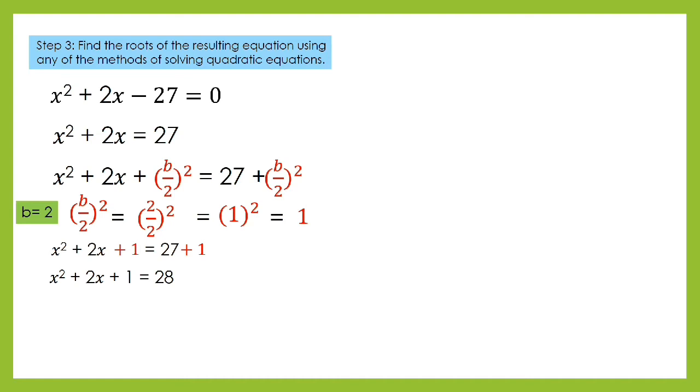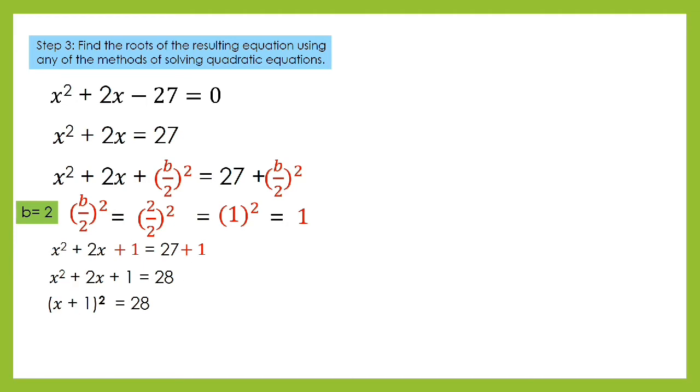Let's now factor the perfect square trinomial. x squared plus 2x plus 1. Ang factors niya, or i-express natin siya as a square of binomial, (x + 1) squared. Square root ng x squared is x. Square root ng 1 is 1. And then sum ng middle term, positive.